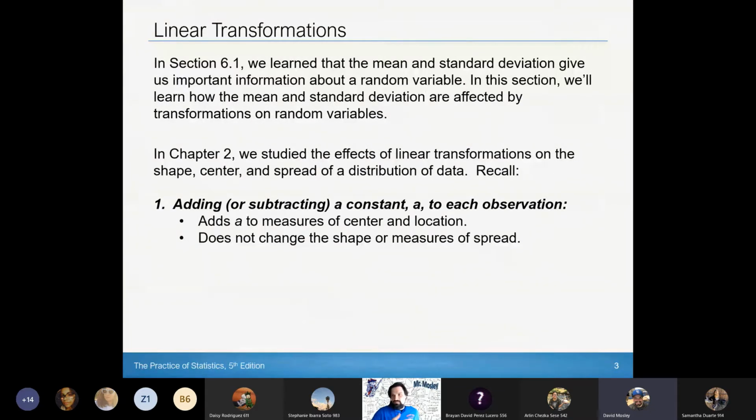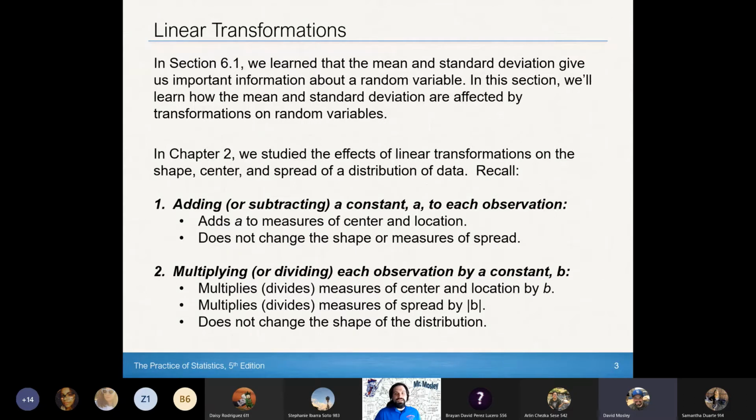Right? If it was symmetric and unimodal before, when we add or subtract a constant, it's going to remain symmetric or unimodal. And the measures of spread, such as the IQR, standard deviation, things like that, will also remain the same.